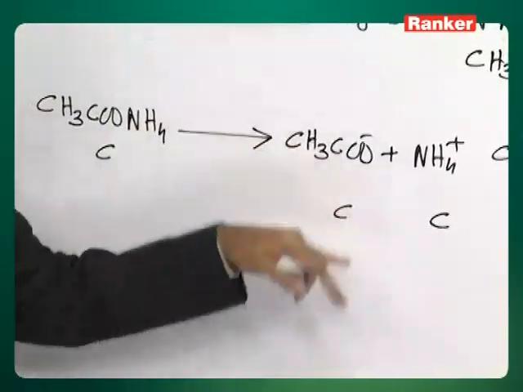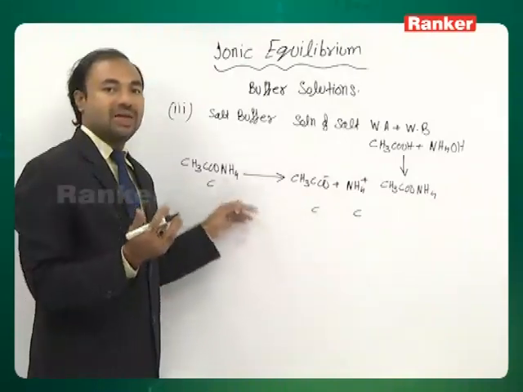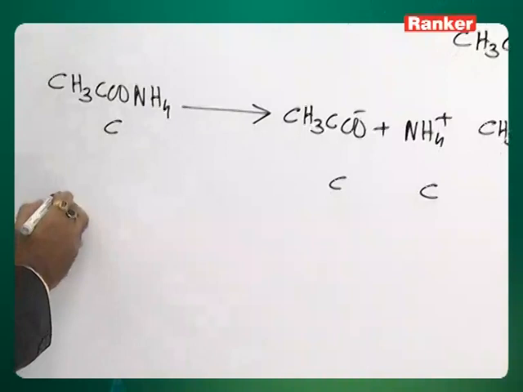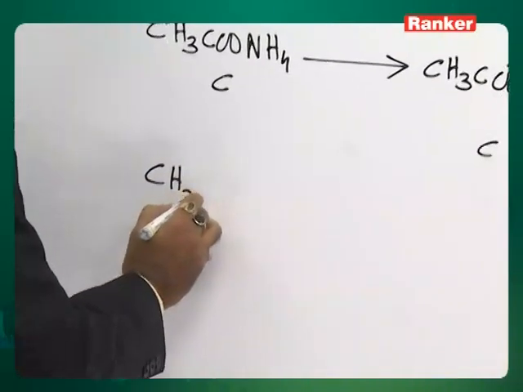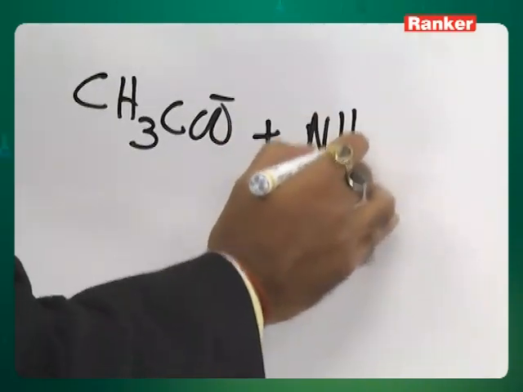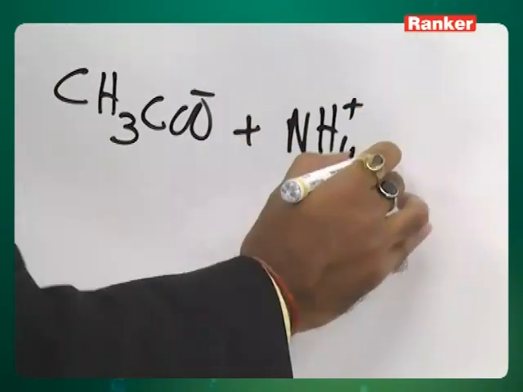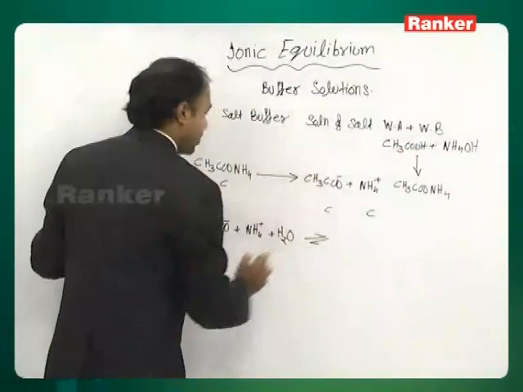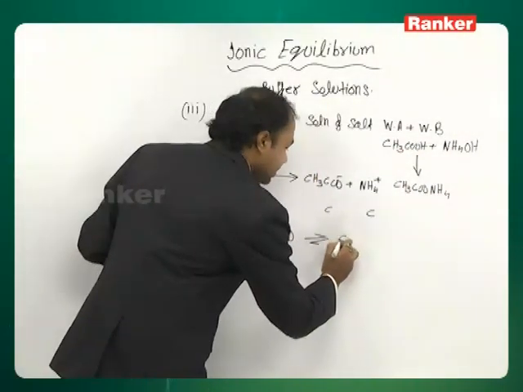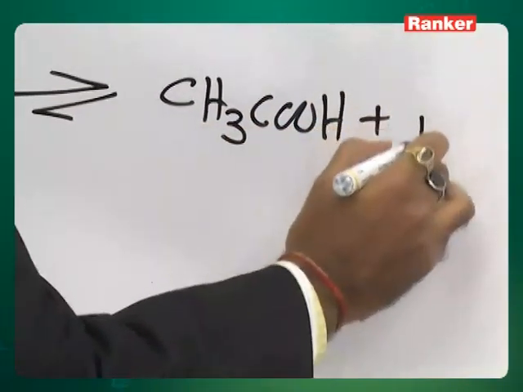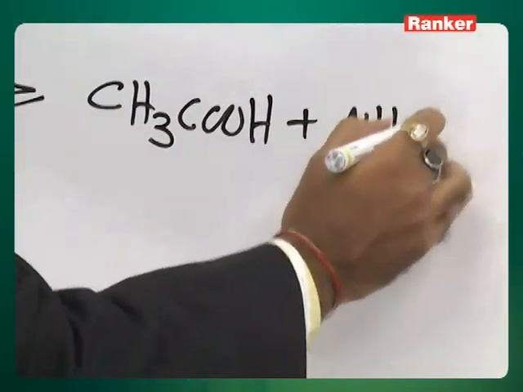So instead of showing their hydrolysis separately, we can show simultaneous hydrolysis of both of them with water, and this becomes acetate ion CH3COO minus plus ammonium ion NH4 plus water, and they will give you by hydrolysis acetic acid CH3COOH plus NH4OH.